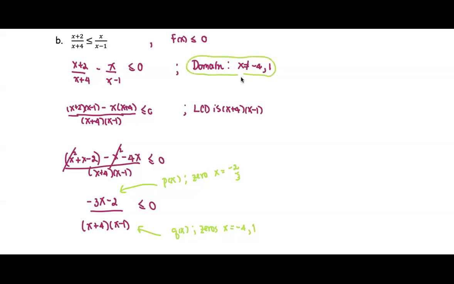That means we cannot include these two numbers in the solution set. The next step, we are going to put our zeros on the real number line. We have negative 4, which is the lowest number, then negative 2 over 3, the next number, and then 1 is the greatest.